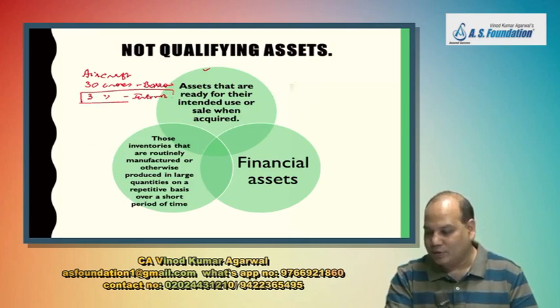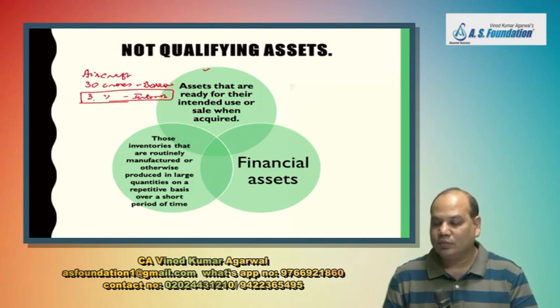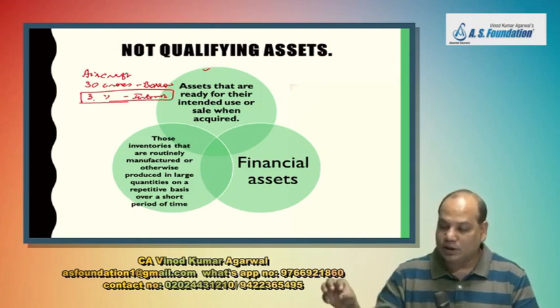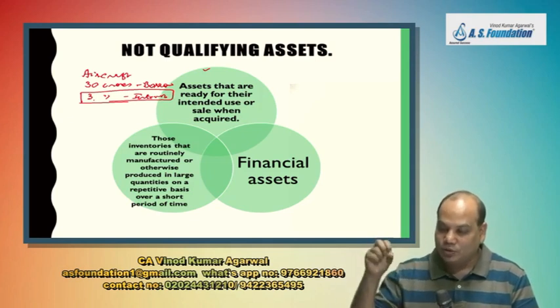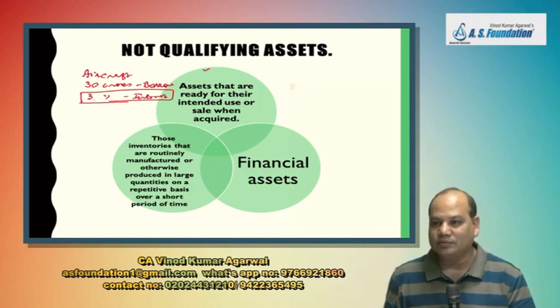Explain the treatment of borrowing cost. If you have purchased an aircraft, motor car, or ship which is in ready to use condition when you acquired it, then you are going to charge that interest to the profit and loss statement.